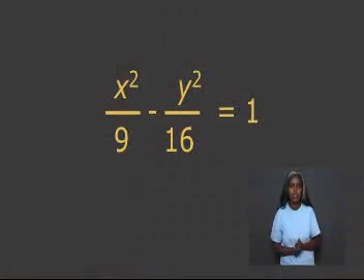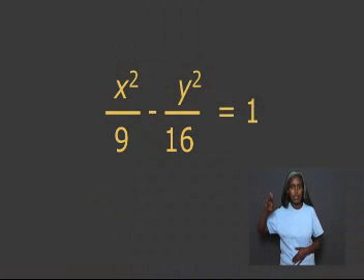Students, if you are ready, let us begin the lesson with an activity. A hyperbola has the equation x squared over 9 minus y squared over 16 equals 1.